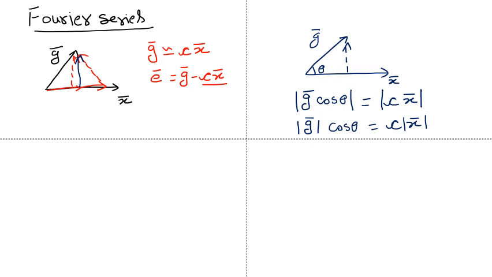Further, if on both sides you multiply by mod of x, you will get mod of g into mod of x into cos theta is equal to c mod x into mod x.